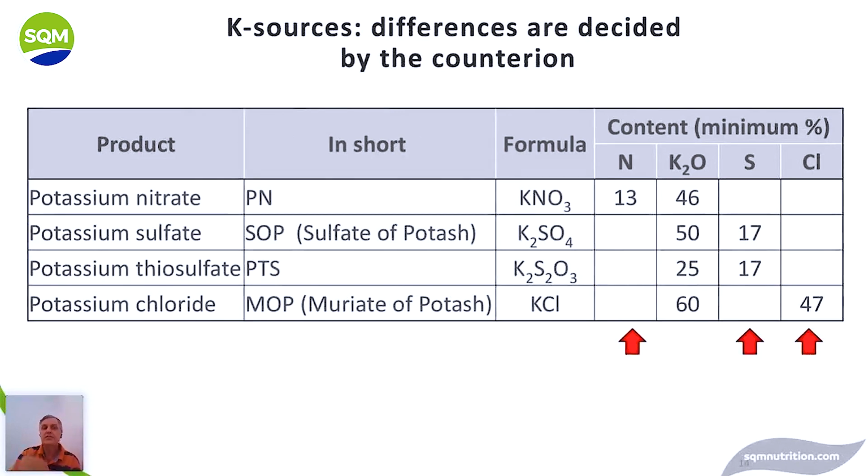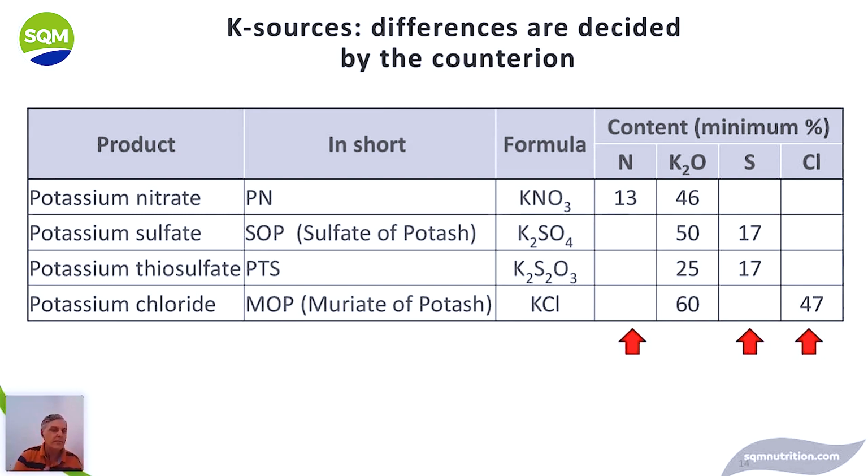When I say that the source you use to apply the minerals is very important, it's because to be efficient in plant nutrition, we don't need to think about products, what product you are applying. We need to think, okay, which chemical elements, which minerals am I applying in my balance? And that's really the difference when we compare the fertilizer sources.